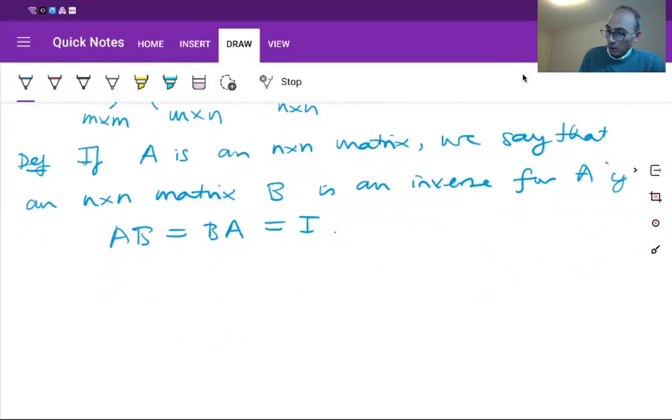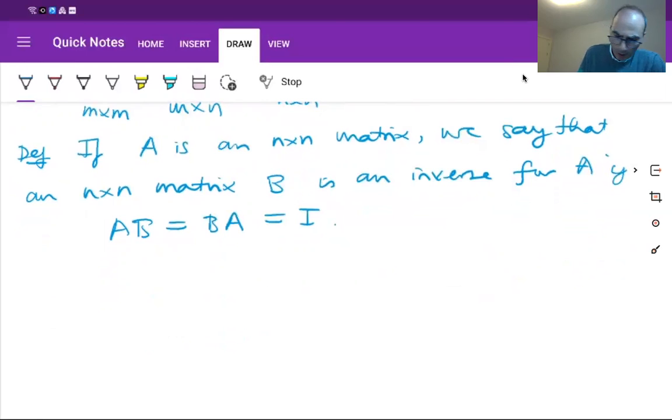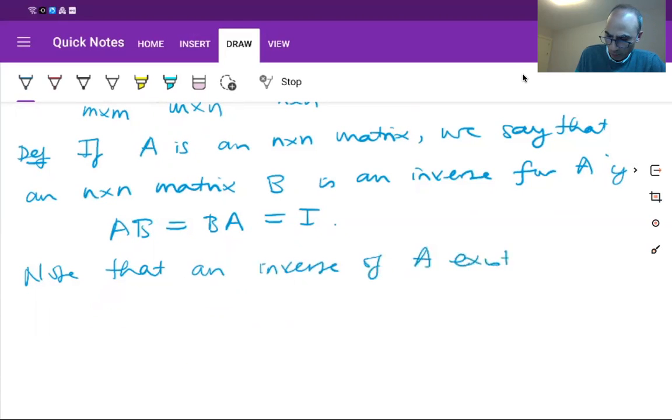Note that if an inverse of A exists, it must be unique. Why is that?